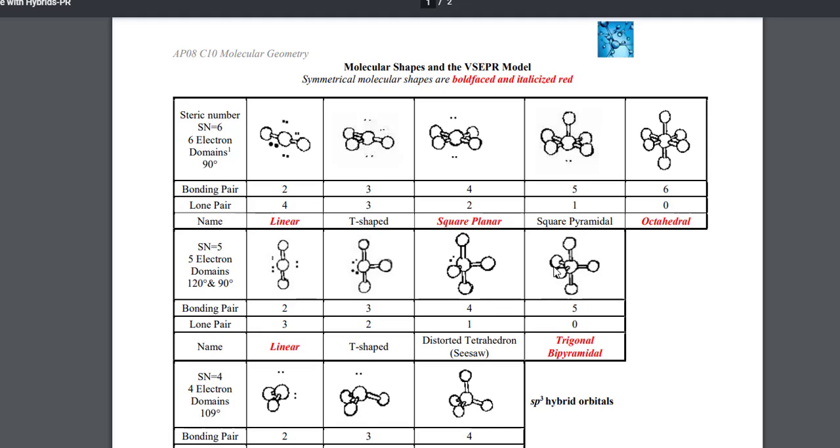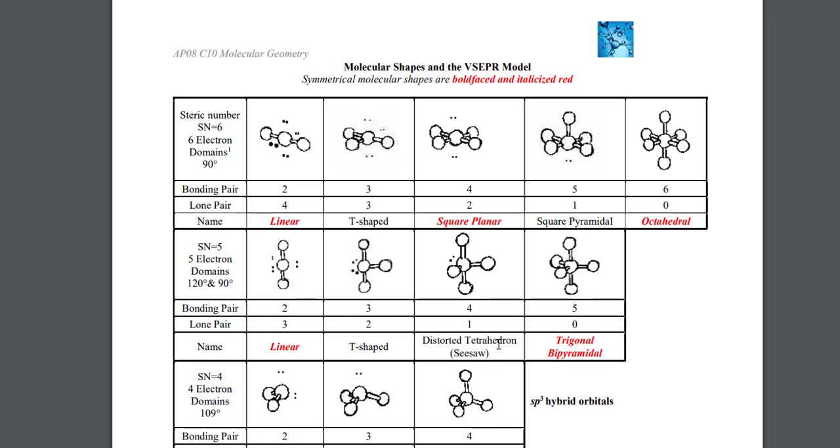If we had bonds all around here, a sulfur pentafluoride, which I don't think forms, it'd be trigonal bipyramidal. But this is called a distorted tetrahedron, which is a mouthful, so usually it's called seesaw. It's sort of funny using that term seesaw, but there's all sorts of analogies in organic chemistry.